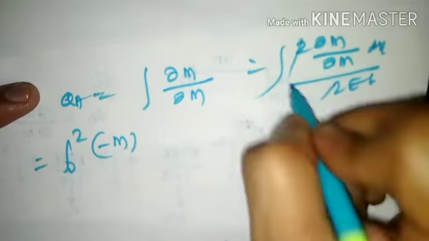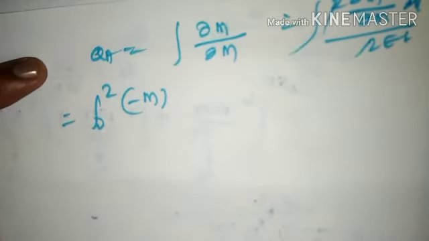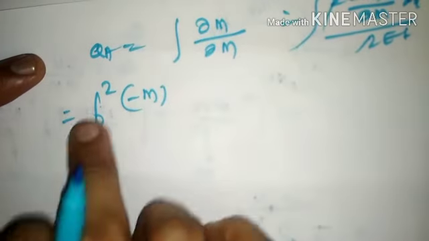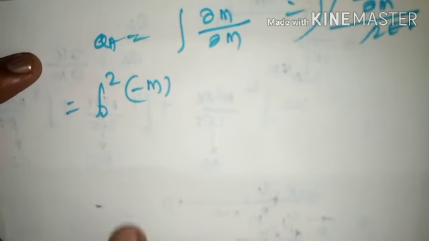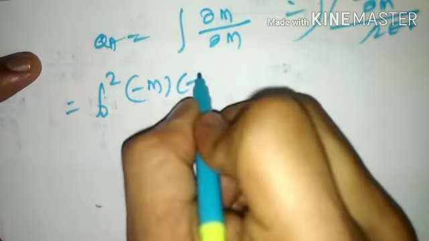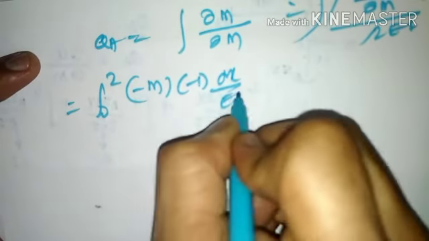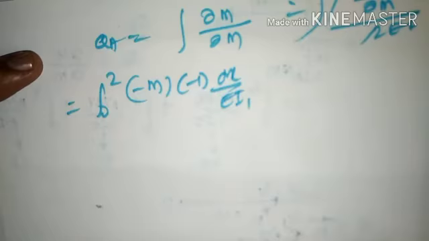So the 2 gets directly cancelled, which is why I am not writing any 2 as a coefficient here. So this will be the first term, m into minus of 1 dx divided by EI1. That is the first expression.